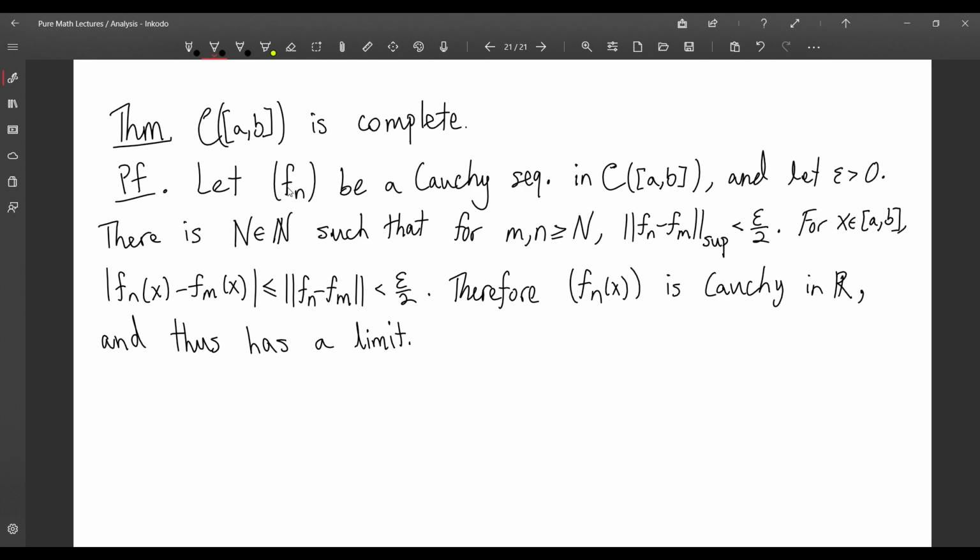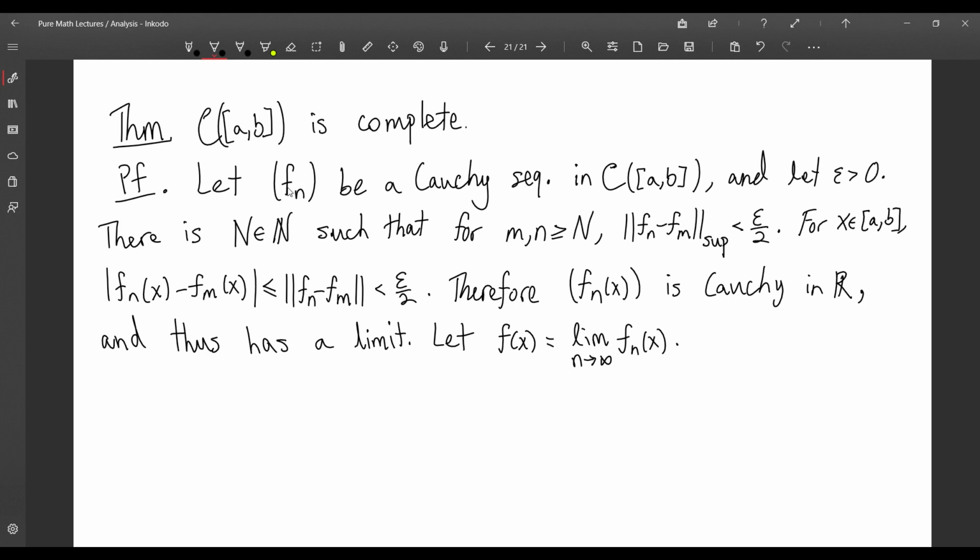So we're going to let f of x equal this limit. So we are defining a function f such that its value is the limit of the sequence f sub n of x.